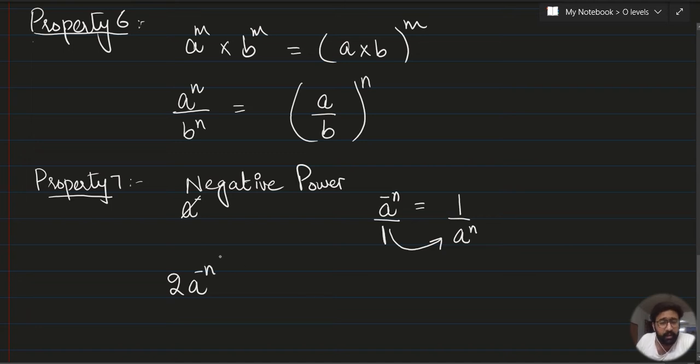You can see that the power on top of a is negative n, and you are interested in making this power positive. So you are just going to move the thing whose power is negative: if it is on top it goes to the bottom, and if it is at the bottom with a negative power, we bring it to the top. So it is going to become 2 multiplied by 1 over a power n. What was on top with a negative power, after coming to the bottom, the power becomes positive.